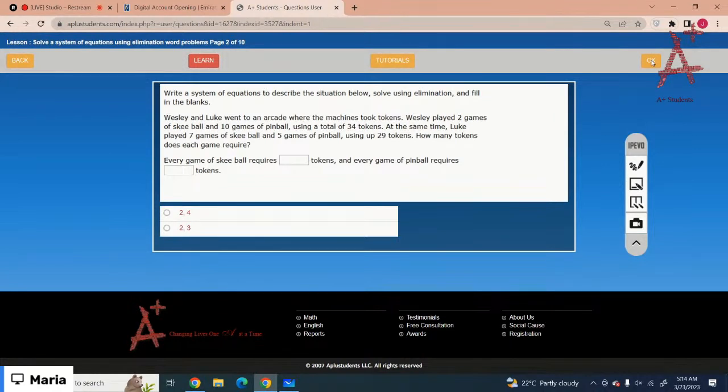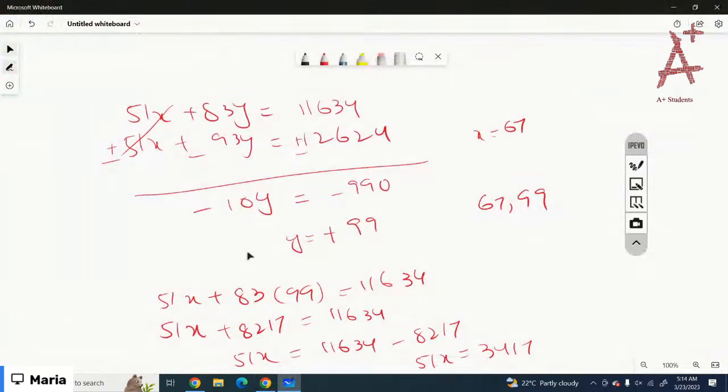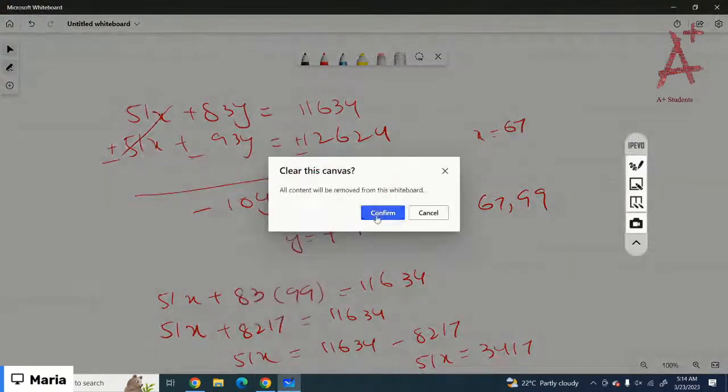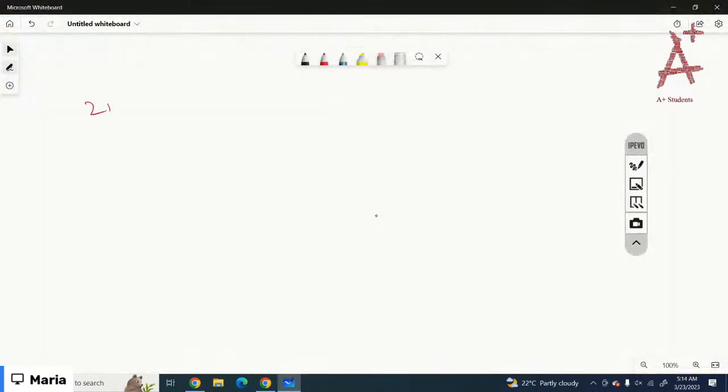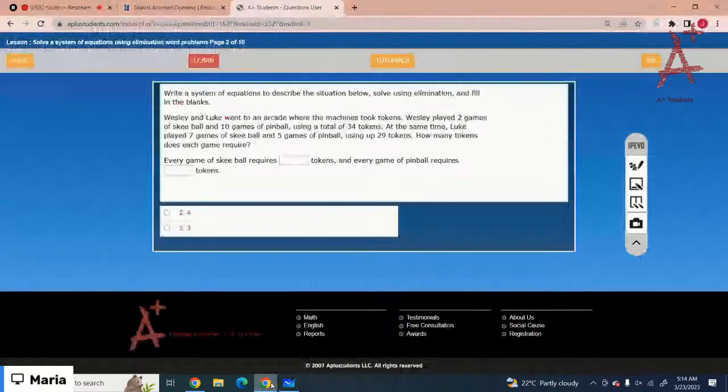Let me write 2x plus 10y equals 34. The other equation: at the same time, Luke played 7 games of skee ball and 5 games of pinball using up 29 tokens. So it would be 7x plus 5y equals 29.